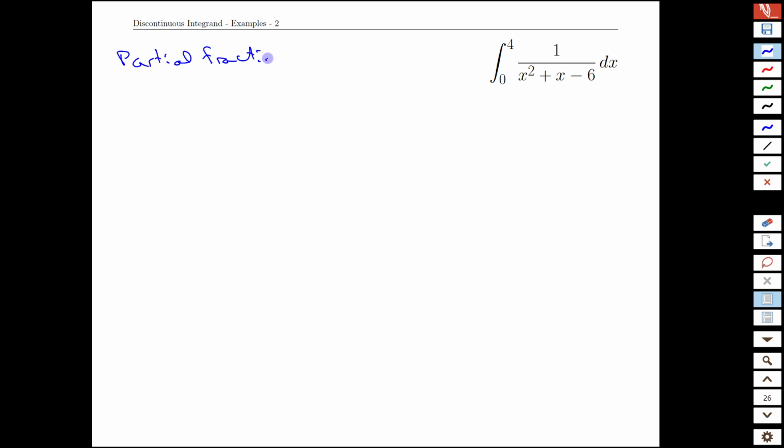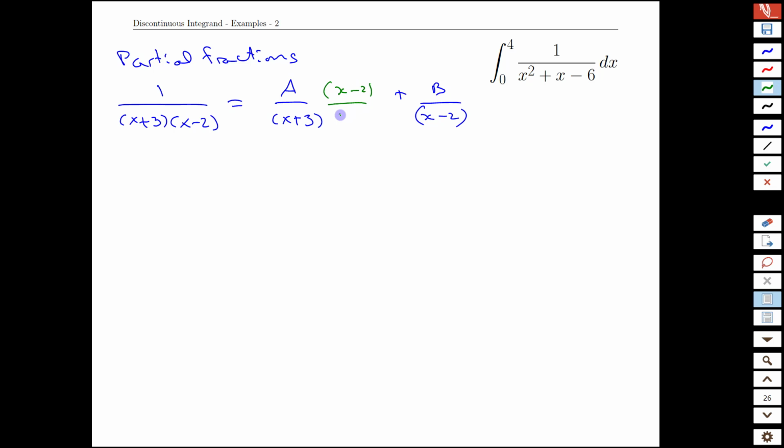So we have partial fractions, and our 1 over x plus 3, x minus 2 is going to equal some number a over x plus 3 plus some number b over x minus 2. And then we do our classic common denominator calculation. That term is missing the x minus 2's. That term is missing the x plus 3's.